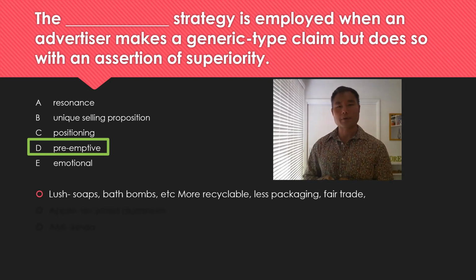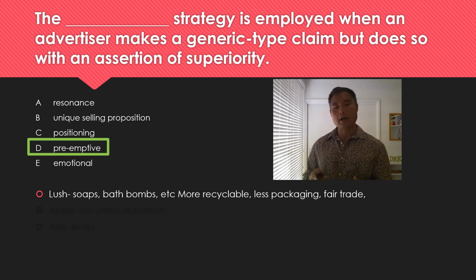So a great example here is Lush. Right, so this is a soap retailer. They make a lot of these boutique sort of natural soaps and bath bombs. So they don't use any packaging, so they're more recyclable in a way. They use less packaging, and they're all into fair trade products, right? Biodegradable, sort of no chemicals, that sort of thing.